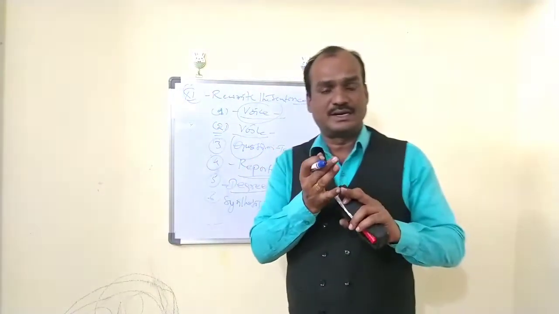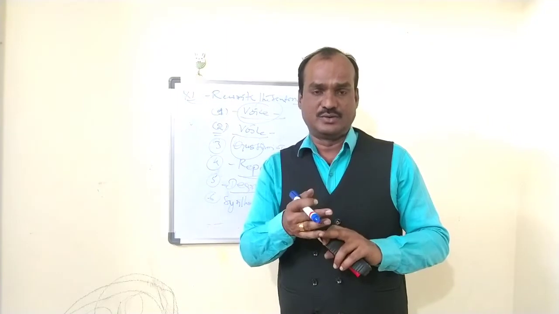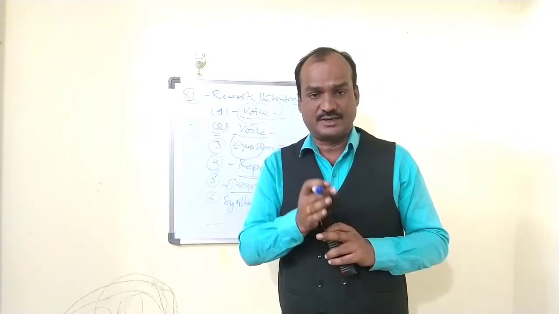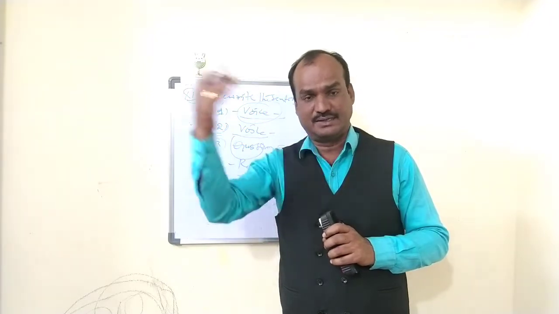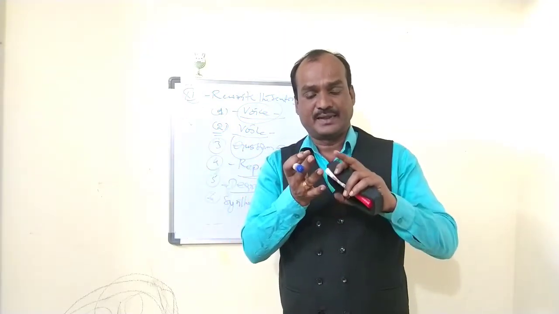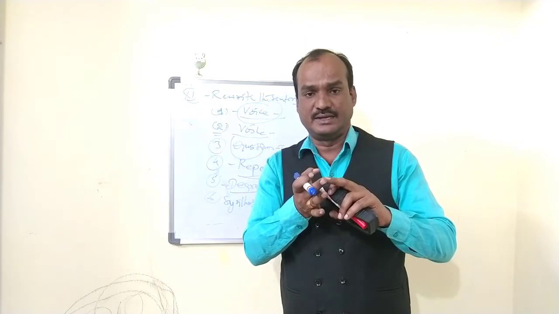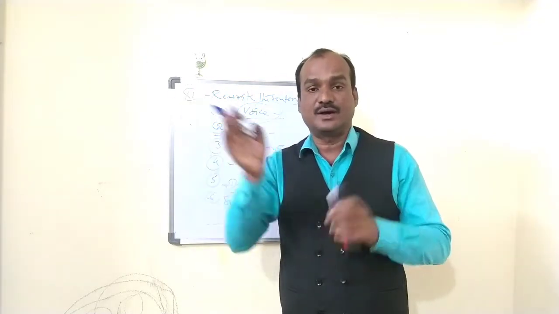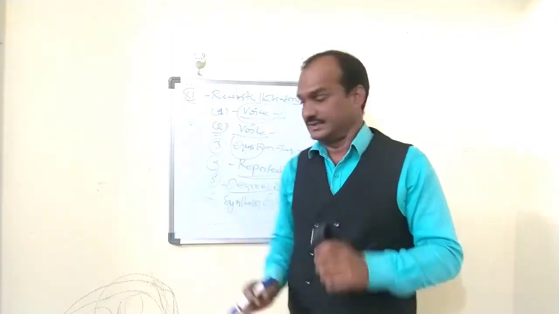Degrees of comparison: we already discussed adjectives, and based on adjectives, sentences can be written in 3 forms: positive degree, comparative degree, and superlative degree. Without altering the meaning of the sentence, we can write them in 3 ways. How to write in 3 ways, we'll discuss later.